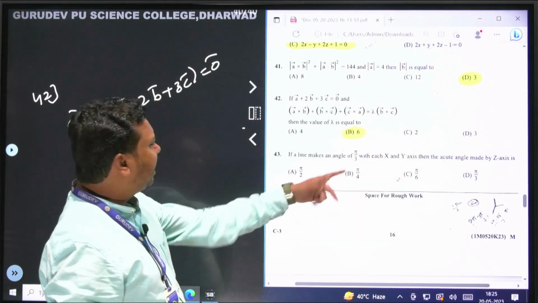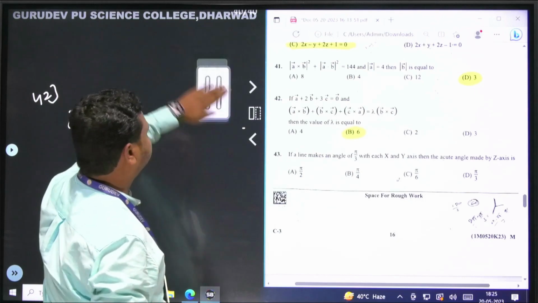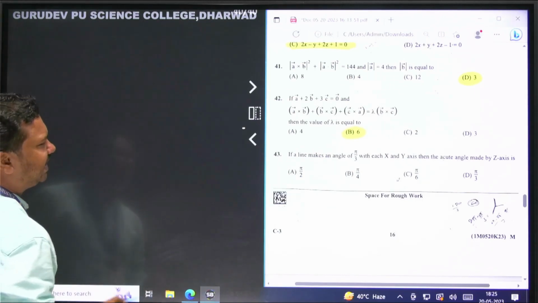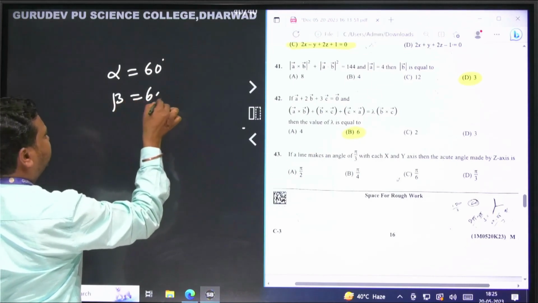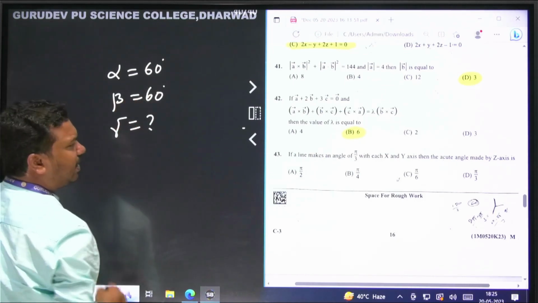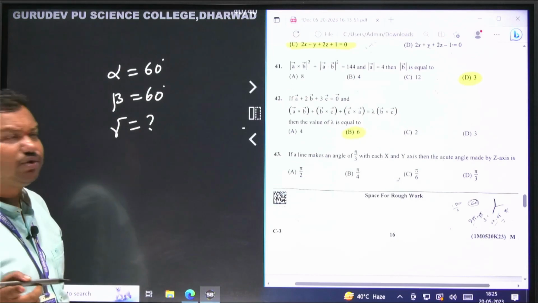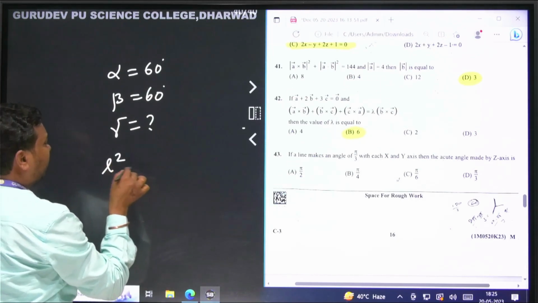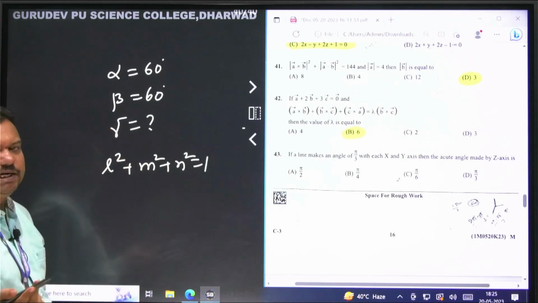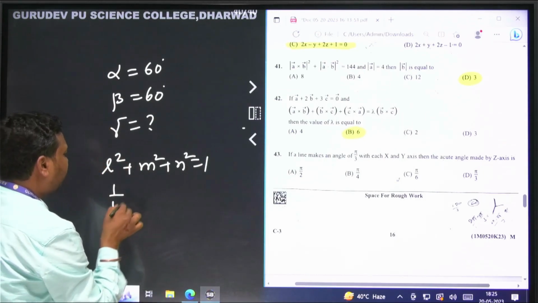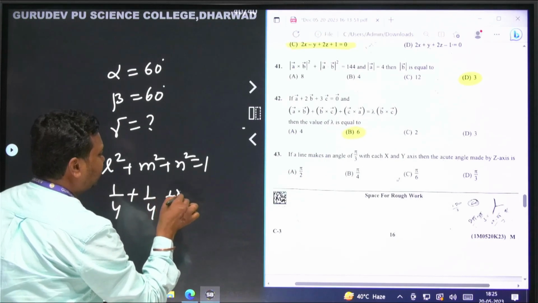Done. If a line makes an angle of pi by 3 with the x axis and y axis, alpha is given as 60 degrees, beta is 60 degrees, gamma is not known. What is the relation? If they are direction cosines, you know that l square plus m square plus n square equals 1. What is cos 60 degrees? 1 by 2, so what is the square? 1 by 4 plus 1 by 4 plus n square equals 1.